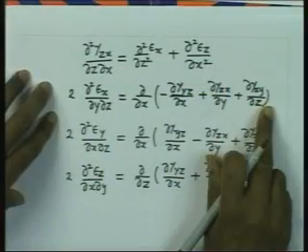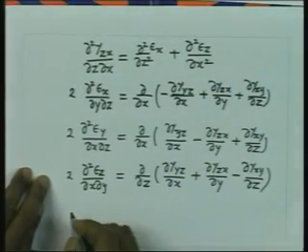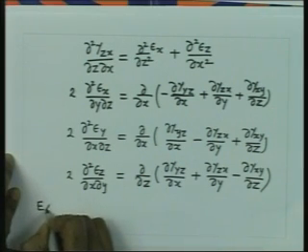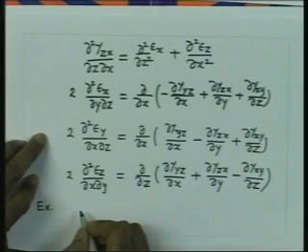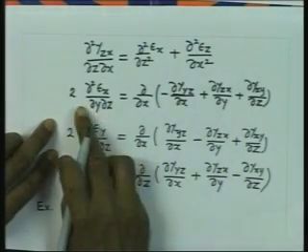Now, it will be a good idea for you to see how this condition can be derived. So let us take as an example how to derive the compatibility condition which is shown here.